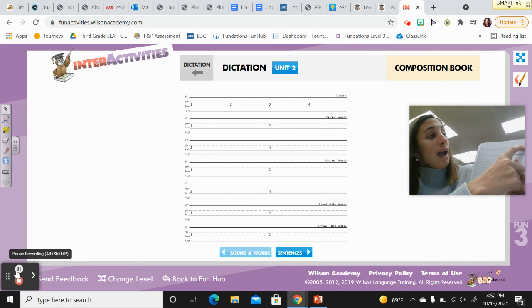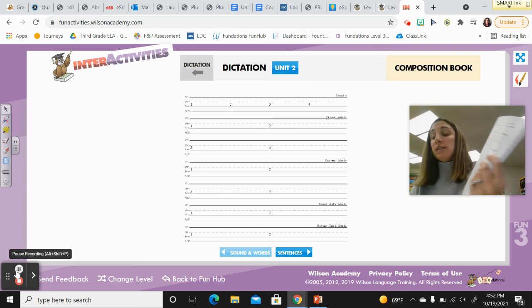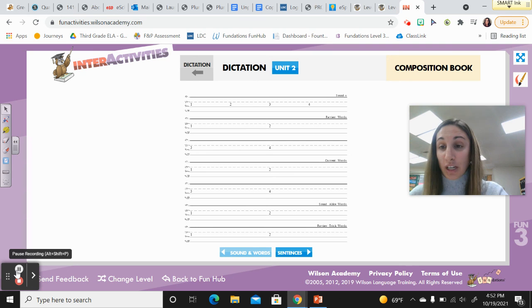And this is actually a checkup. So up in the corner where you see that box, put a check mark there because this is a checkup. That means that we are not going to be revealing any answers. You're going to be doing this on your own independently to see if you can apply all of the rules we've been talking about in Fundations this year.